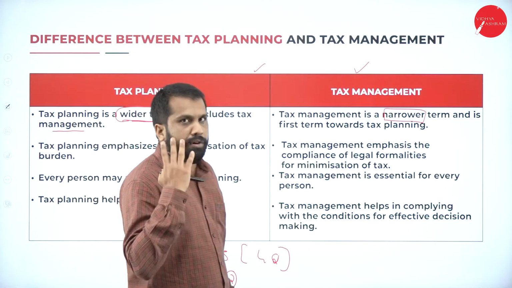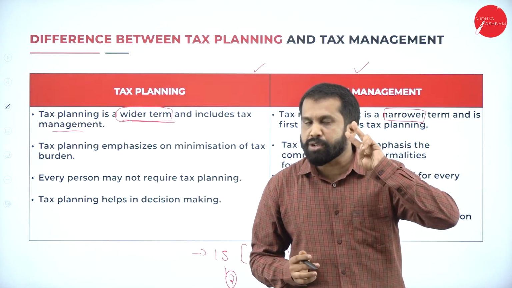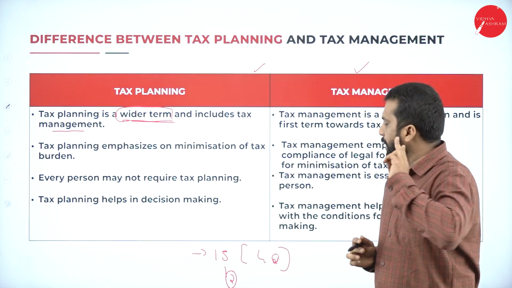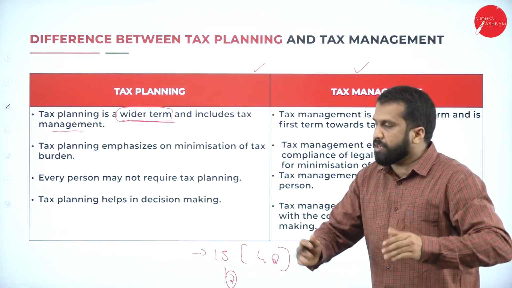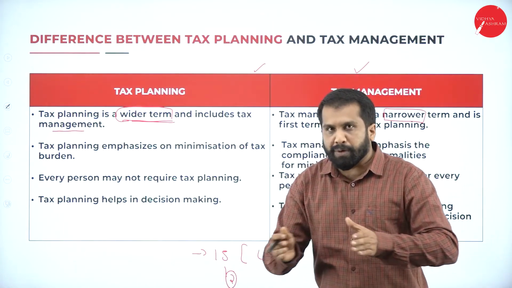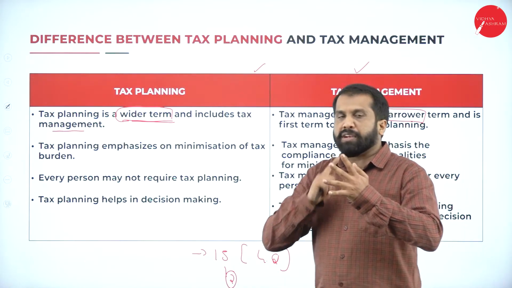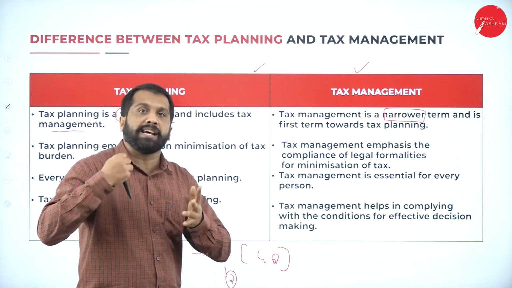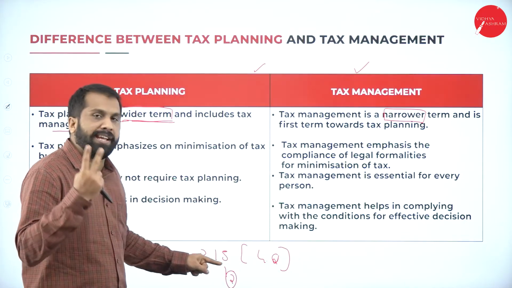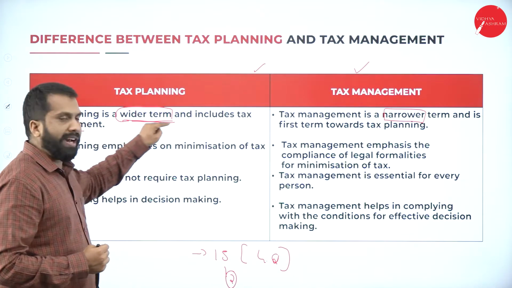They will give you 4 questions, but you are supposed to write only 2. In this case, you have a wider option. You can choose even first and fourth. You can choose first, second. You can choose third, fourth. It is left to you. You can choose any 2 out of 4. That is called tax planning. It is a wider term.